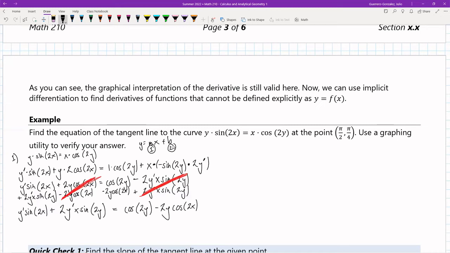So what do I mean by that? I'm going to grab this. I'm going to do this right here. Y prime. Making it nice and neat. Y prime. If I take y prime out of this, I just get left with sine 2x, plus, and if I take out a y prime from here, it's going to be 2x sine of y, is equal to cosine 2y minus 2y cosine of 2x.